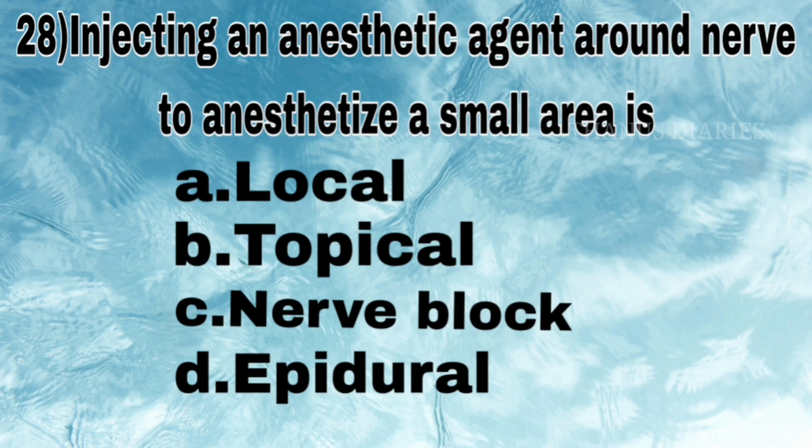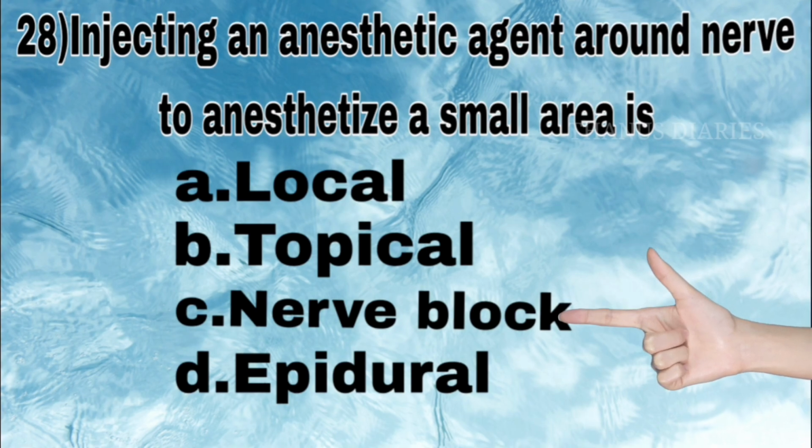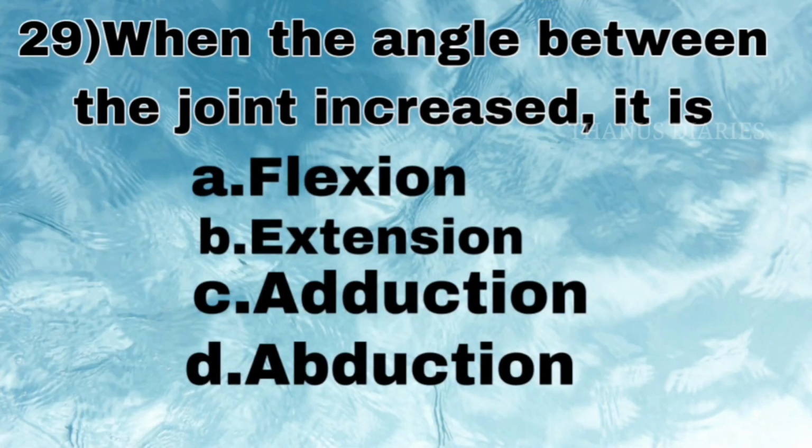Injecting an anesthetic agent around nerve to anesthetize a small area is local anesthesia, topical application, nerve block, epidural anesthesia. The answer is nerve block. Next question, when the angle between the joint increased, it is flexion, extension, adduction, abduction.